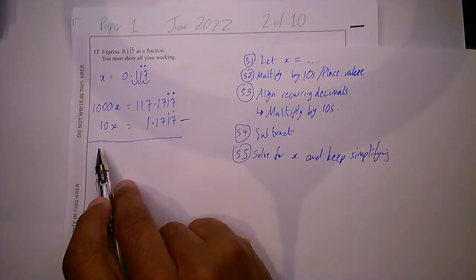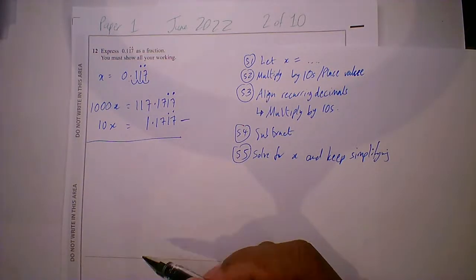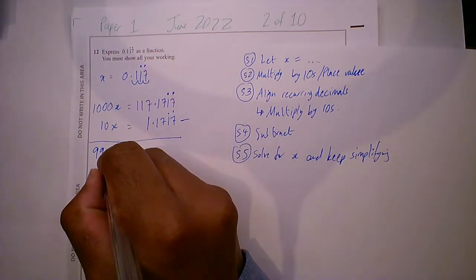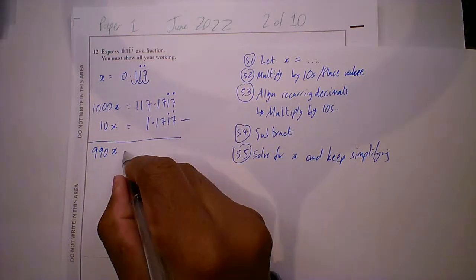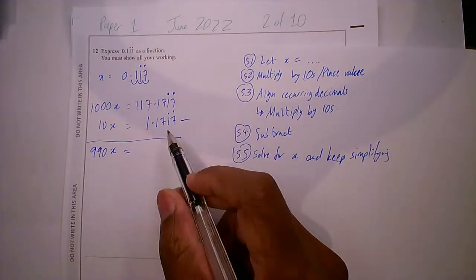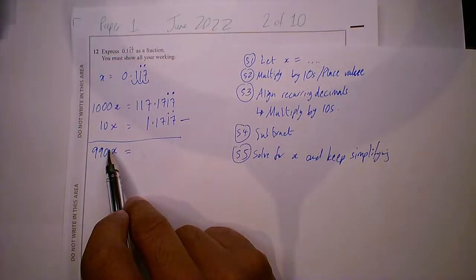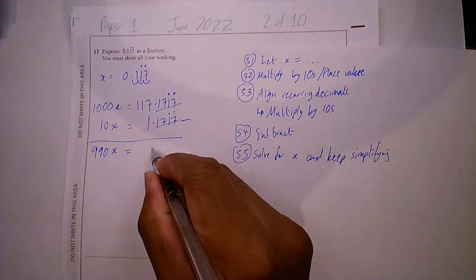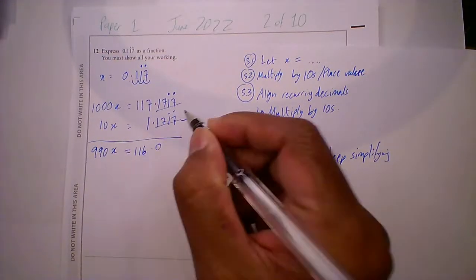1000 take away 10. So again, read this in your mind. Say in your mind, 1000 take away 10 is 990. Many times I've seen students write 999, which is a shame. It's a little mistake, so they lose a mark. So here, this is 990, and again, the decimal points cancel out, and so this is just 117 take away 1, which gives me 116.